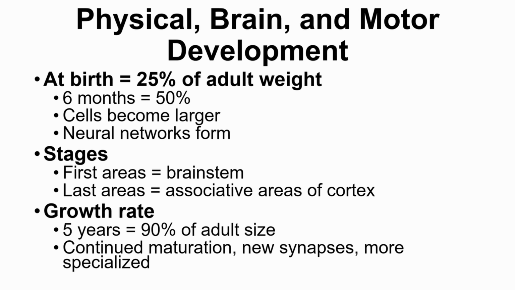And like I said, those association areas are the last to finalize. Specifically, we'll see that in adults, the prefrontal cortex, that part of our brains right at the front that's responsible for personality and decision making and integrating information, that's the last one to finalize within our brains.